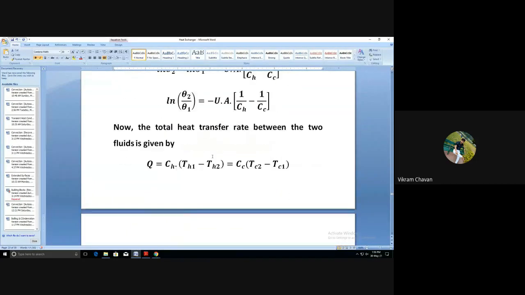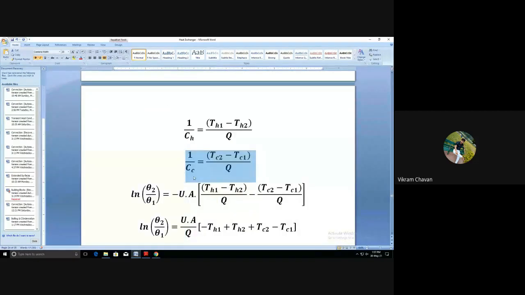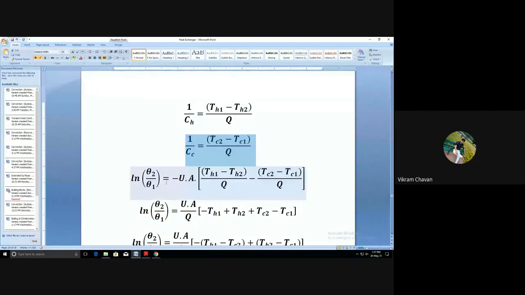We will get ln of theta 2 divided by theta 1 equal to minus U multiplied by A inside the square bracket, (Th1 minus Th2) divided by Q minus (Tc2 minus Tc1) divided by Q.